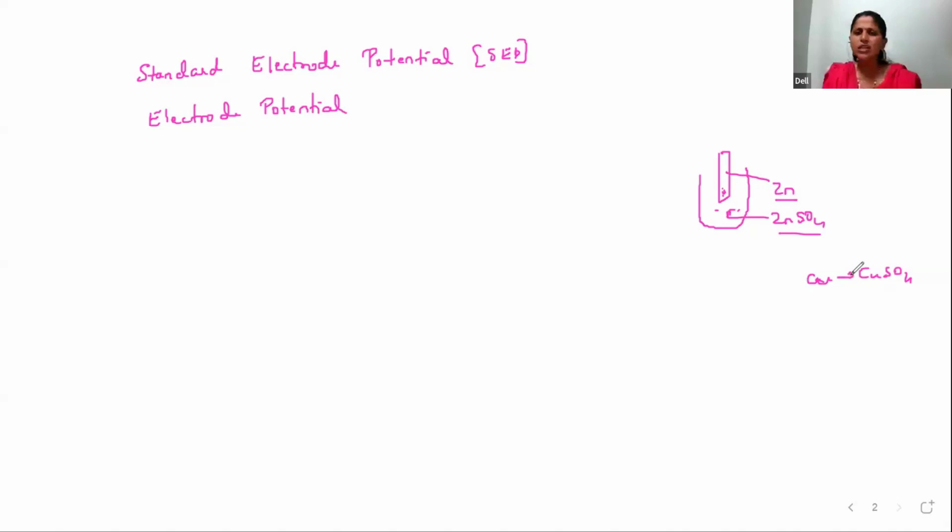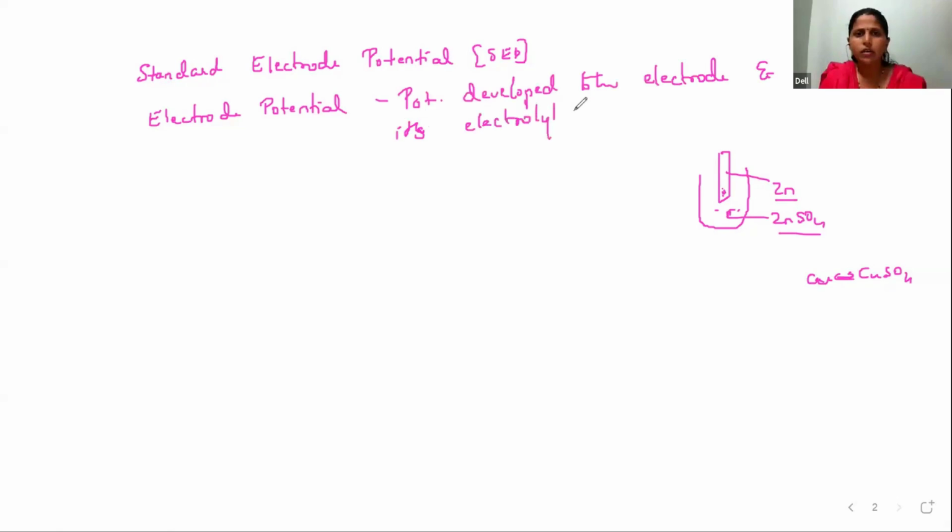It is the potential developed between the electrode and its electrolyte. Potential developed between the electrode and its electrolyte.